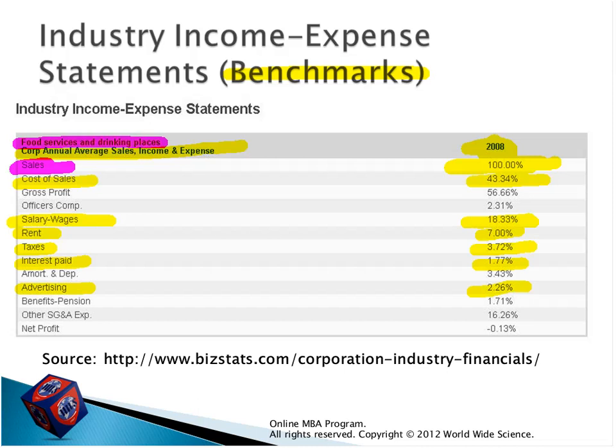The advertising expense as well is one of the most important expenses. It takes huge amounts. And benefits and pensions, for example, that we pay for our staff is around 1.71%. Other kinds of expenses, like administrative expenses, take around 16.26%.